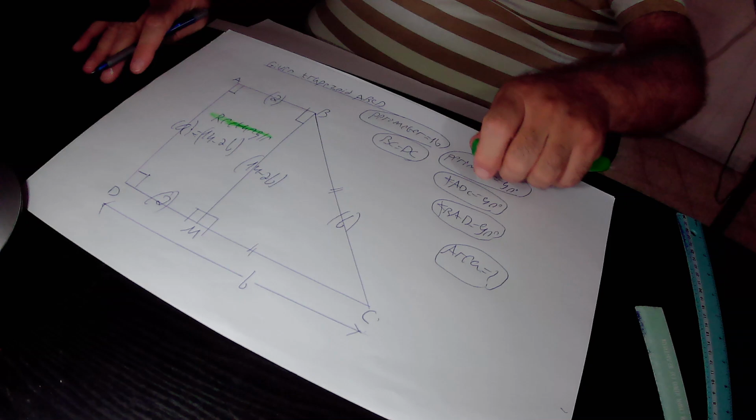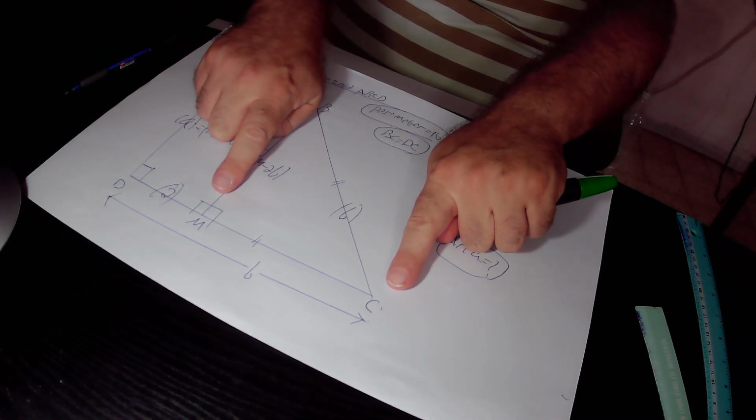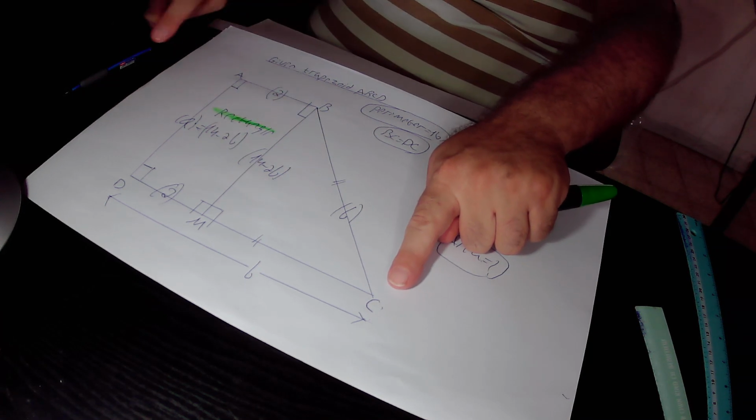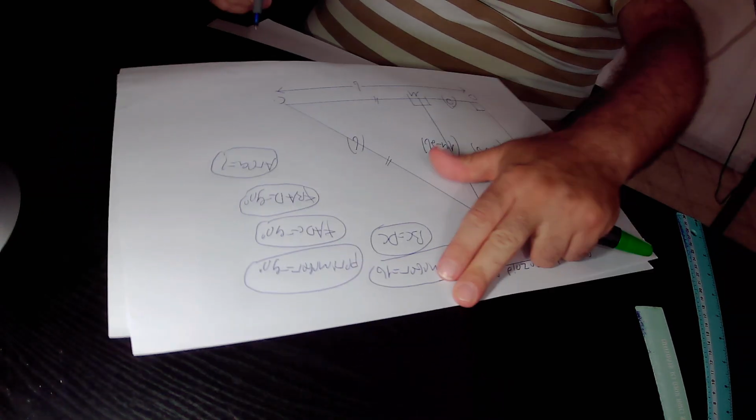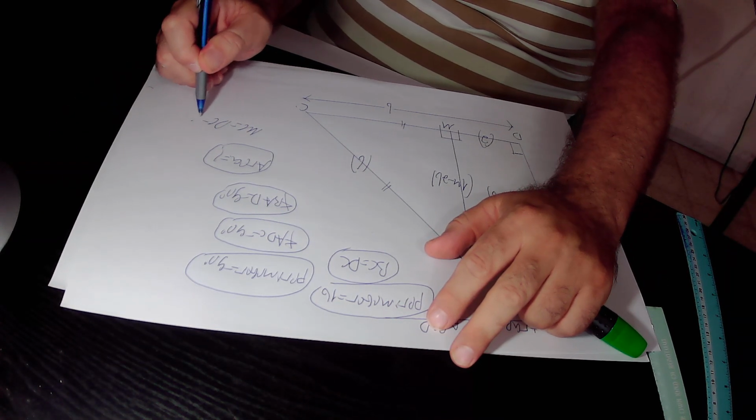What is the length of this missing line segment MC? MC equals DC minus DM. I write it down: the missing side MC is equal to DC minus DM.